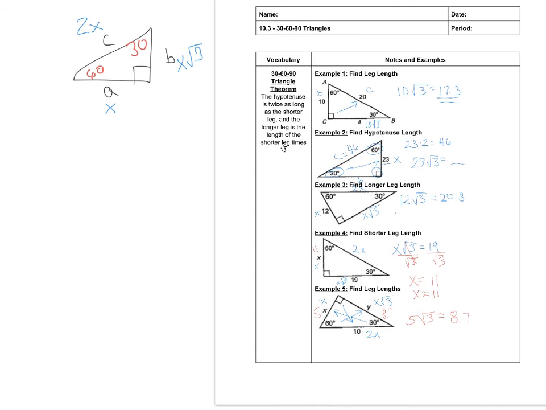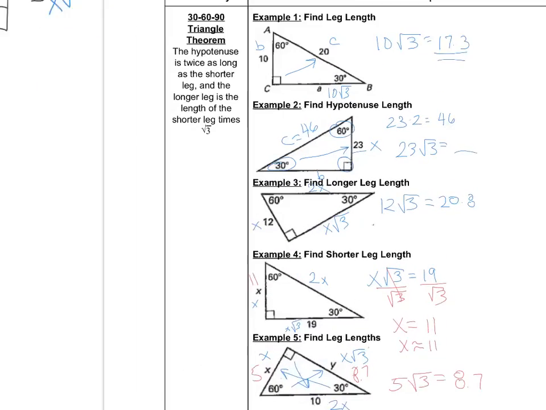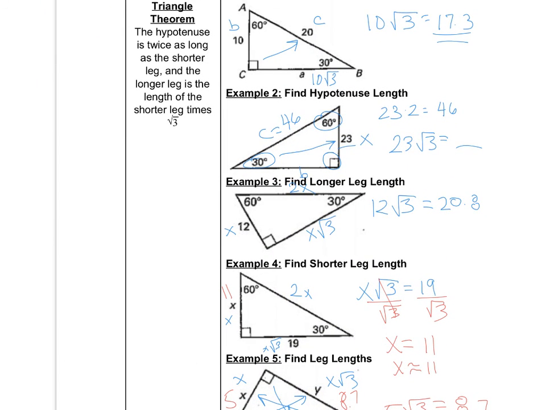But as you saw in my examples, I kept labeling the triangles with the sides the whole time. And that kind of helps give you a baseline. Okay, what side did they give me, and where do I need to go from here? All right. Really, probably the only tough one would have been like example 4 here, where you had to set up an equation because we were given the longer of the 2 legs.